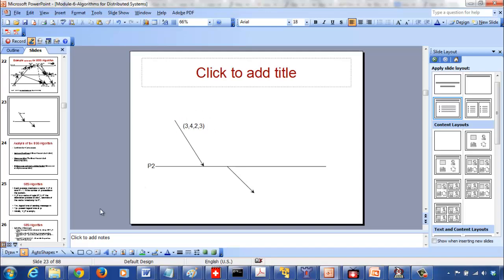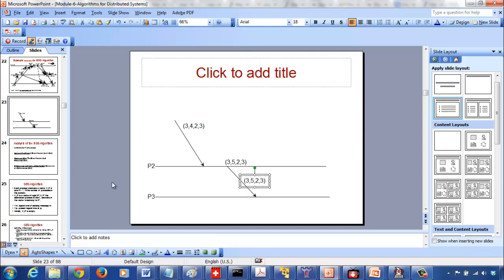So when P3 is receiving this message, of course, P2 is going to increment its clock value, so it's going to send 3, 5, 2, 3. That's going to be also the timestamp of this message.